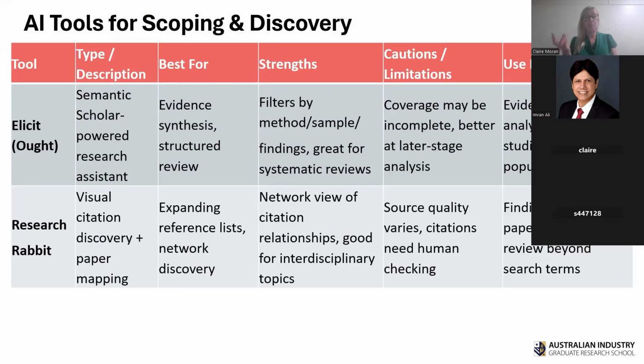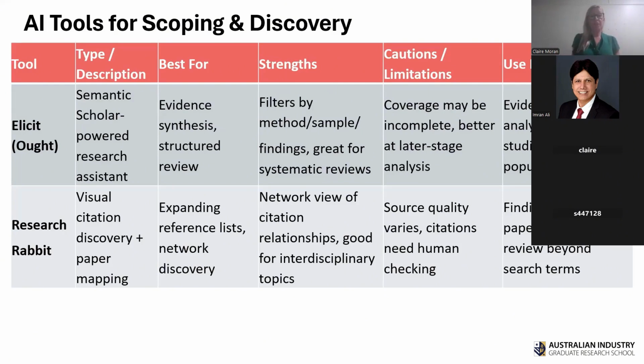For example, we want to find and compare studies based on method, sample, or findings, or filter results by a particular year. It can build us an evidence table that shows how, for example, different studies are designed. So it's great in the organization and mapping stages, when we're trying to group and understand different studies and how they relate to each other.